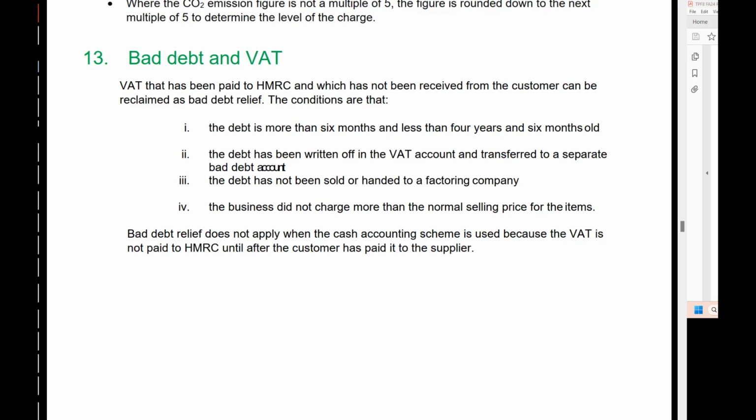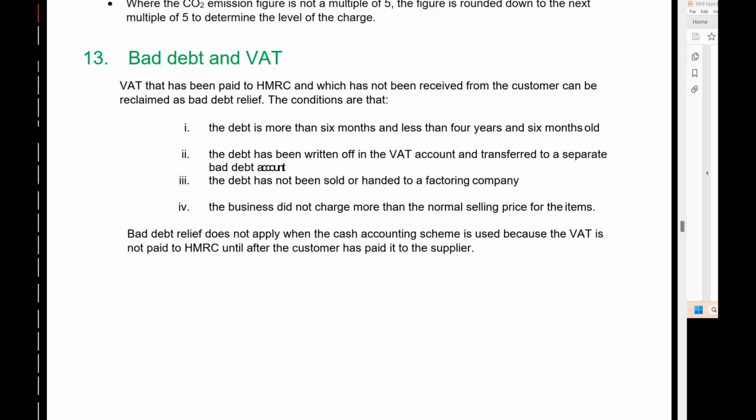We've debited irrecoverable debts and credited trade receivables. We haven't sold the debt onto a factoring company or a debt collection agency who is now going to collect it on our behalf. We haven't done that. And we didn't charge more than the normal selling price for the items. It was just a regular sale. So that is bad debts, and when we can reclaim the VAT on a sales invoice.